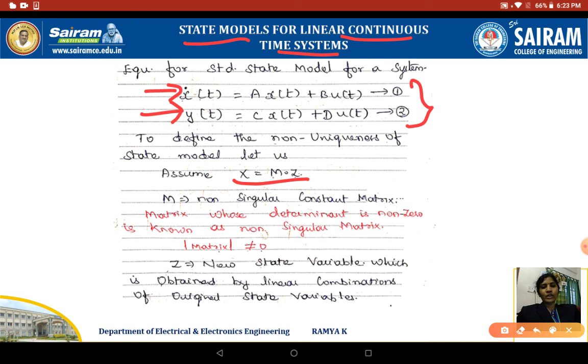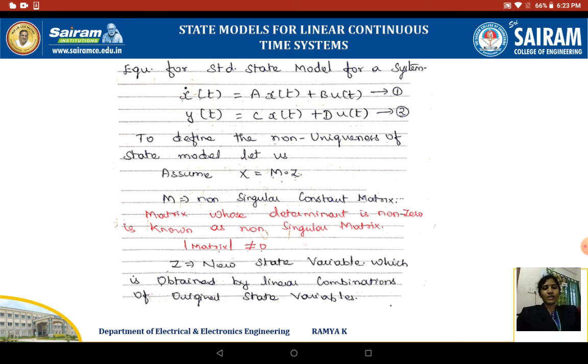Now wherever you have x, you replace it with M z. In the first equation, x dot of t is nothing but M into z dot of t, which is equal to A, and wherever you have x of t, you replace it with M into z of t.